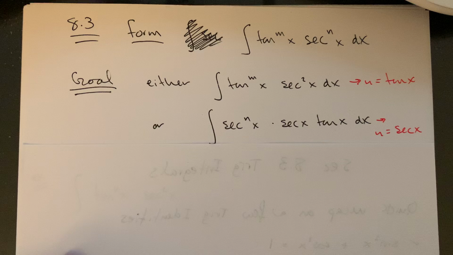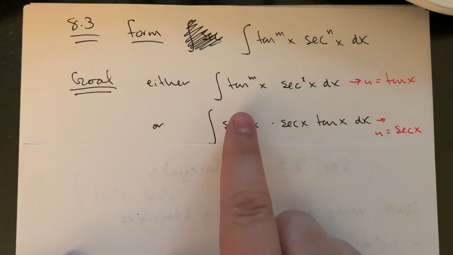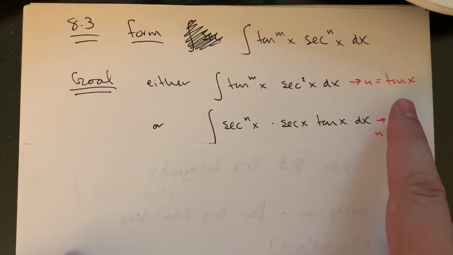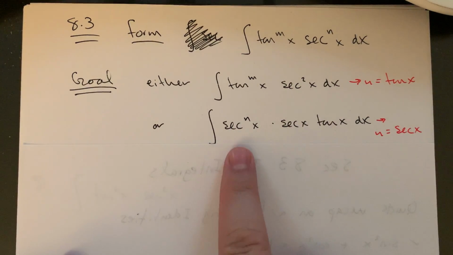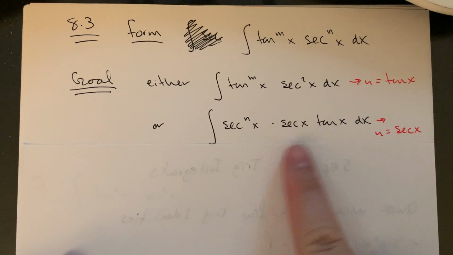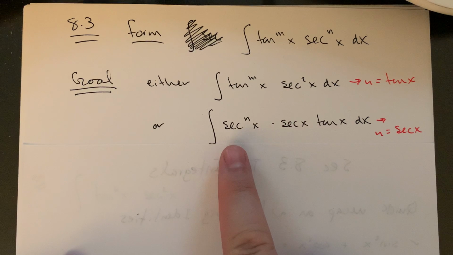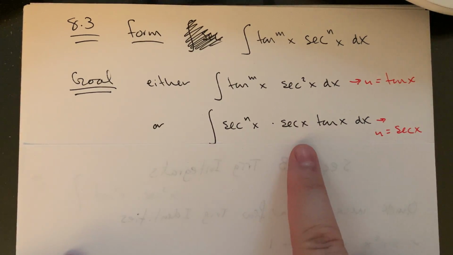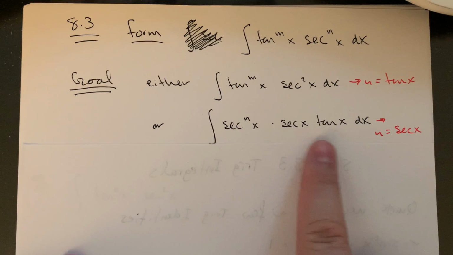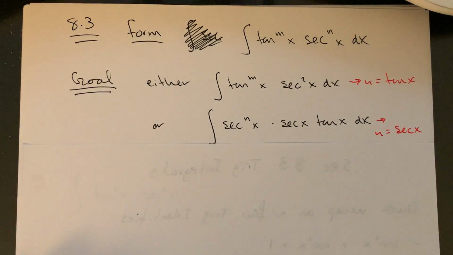So for us, the forms that we're trying to hit would be things like tangent to a power times secant squared. You could do a u sub where tangent is u and you'd be good to go. Or secant to the power times secant times tangent. That one's a little strange because you have secant and then another secant. We'll talk about the implications there. If that's your setup, secant as your base function would be your u, and then that would be your derivative, and you'd pretty much be good to go.